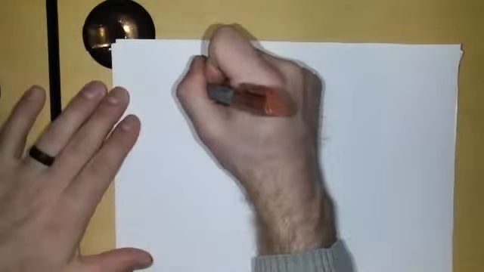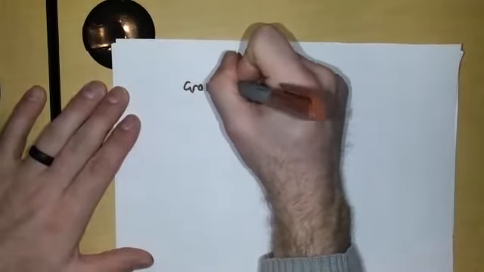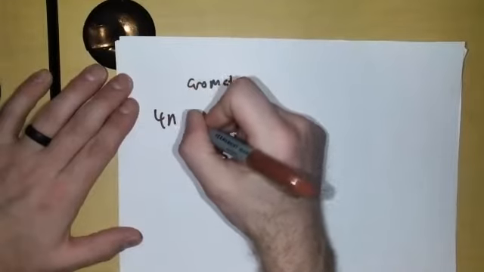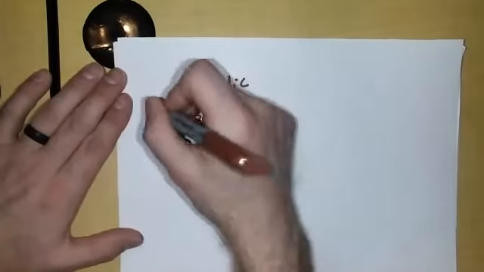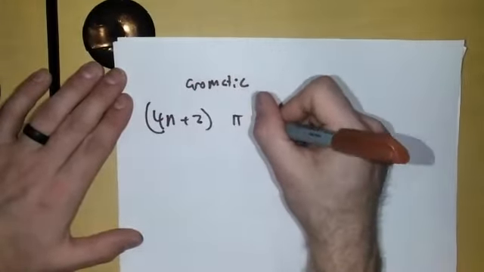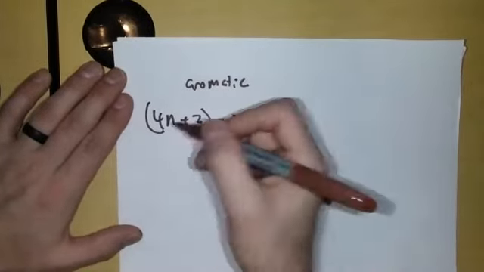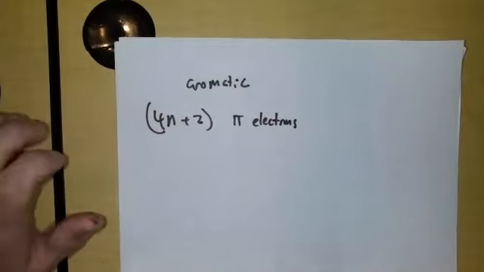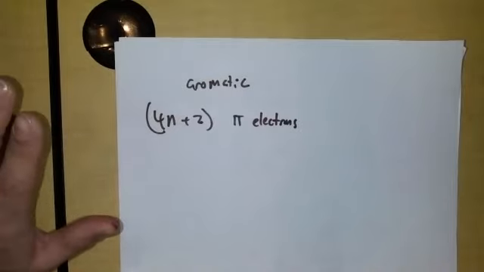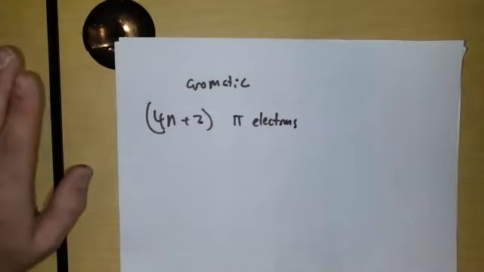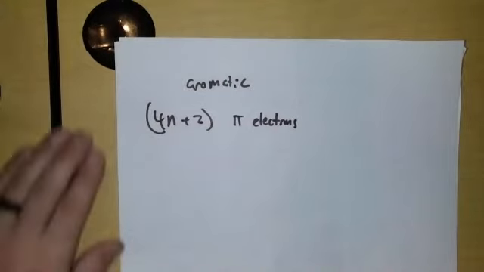So in order to be aromatic, it's going to need to have 4n plus 2 pi electrons. N, again, doesn't specifically correlate to anything. It doesn't correlate to your number of double bonds or anything. It's just going to give you a range in which all of the aromatics fall into.